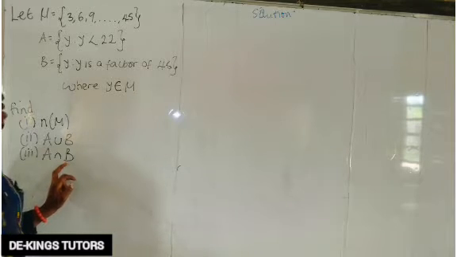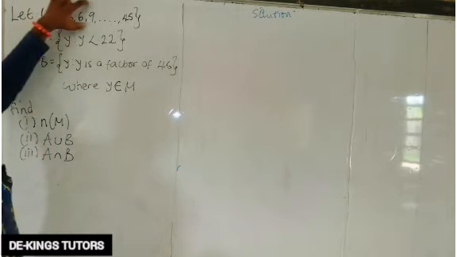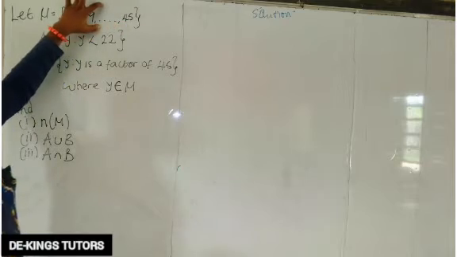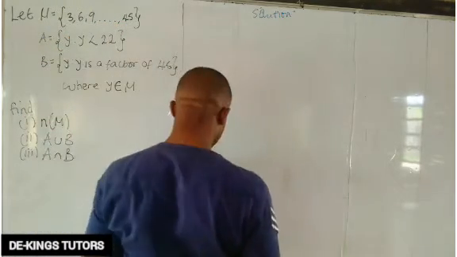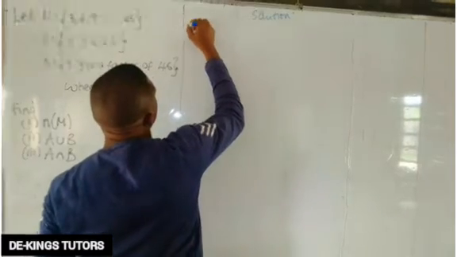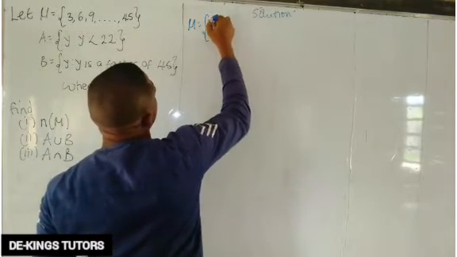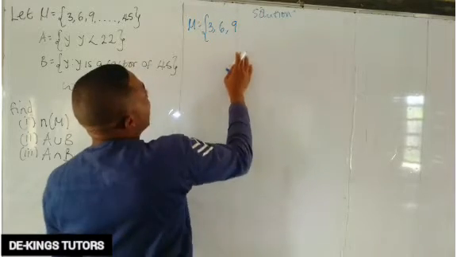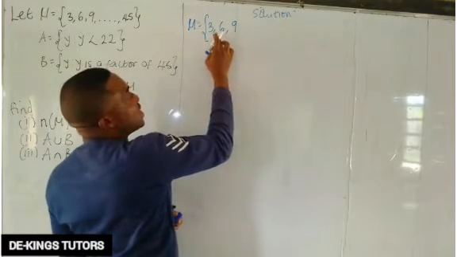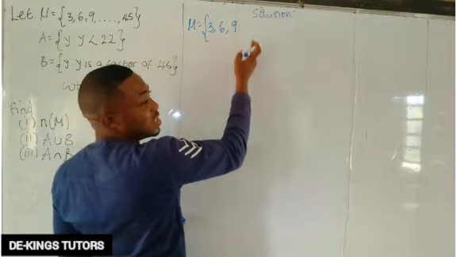So how do we solve this? The first thing is to get the complete members of this set. It did not give us a complete member. So the universal set equals 3, 6, 9. We are adding 3 to the previous value to get the next value.